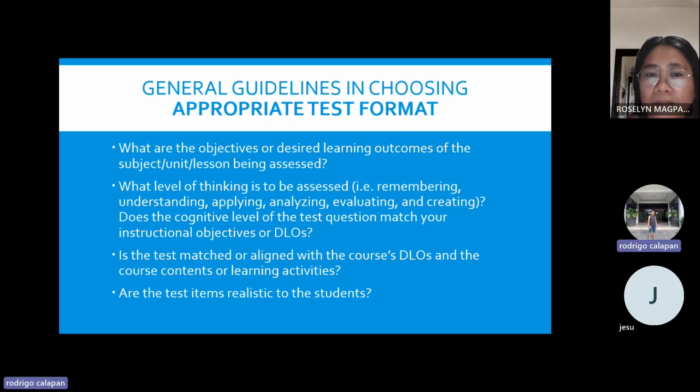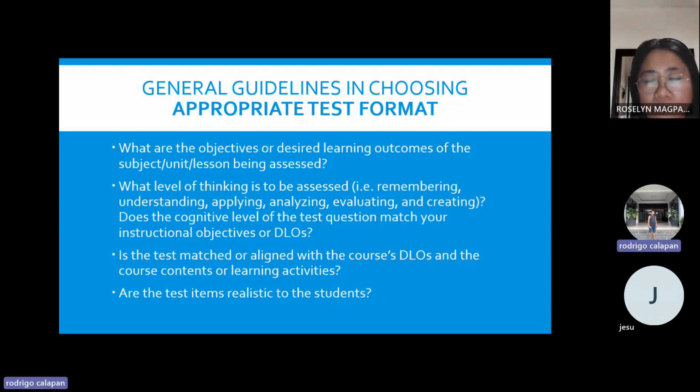If you did not teach it in class, would it be ethical for you to have a test which does not form part of the discussion or of the DLOs or the learning competencies?